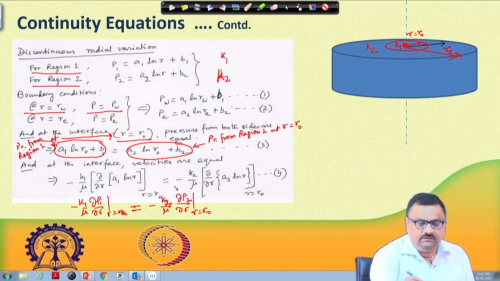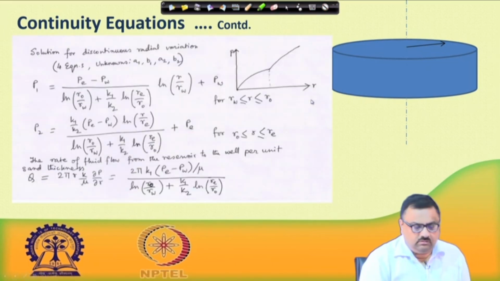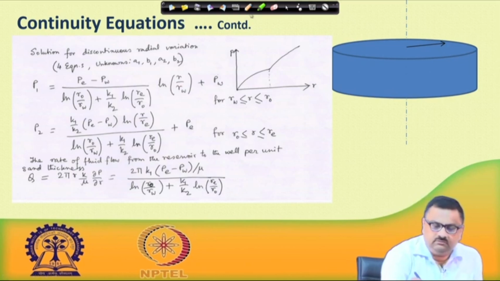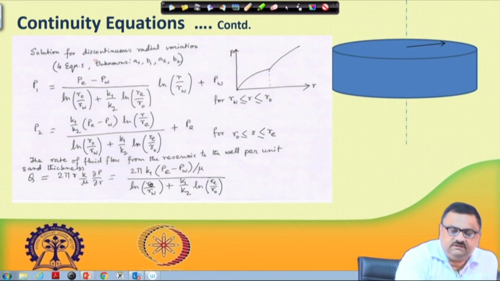Now, let us try to see what kind of solution one gets. We are looking at the solution for discontinuous radial variation.